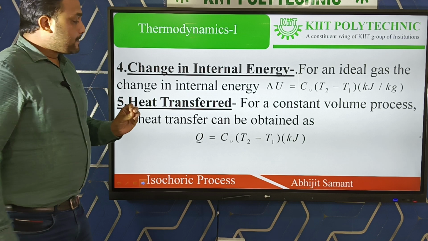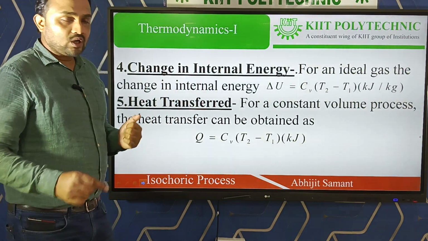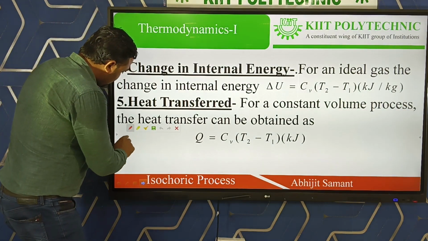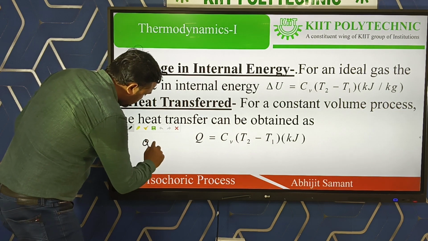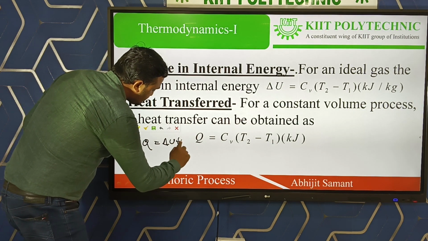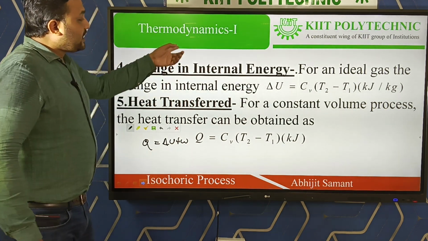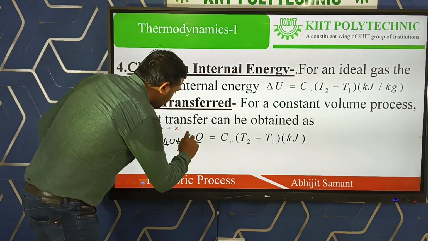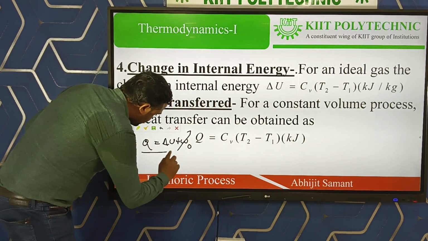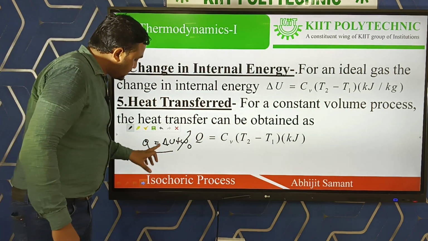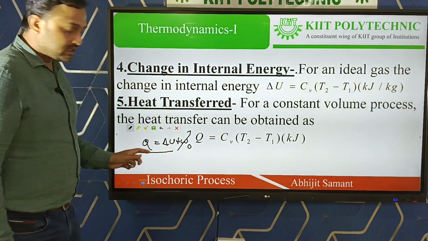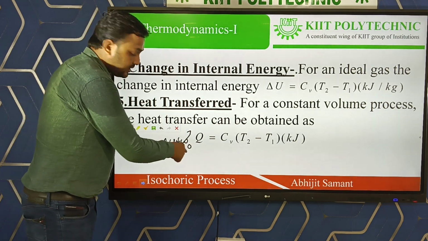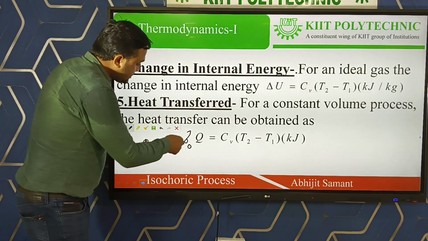From the first law, the amount of heat supplied to a system is equal to the change in internal energy plus work done, meaning Q equals delta U plus W. In an isochoric process, the work done is zero, so W is equal to 0, and Q equals delta U. This relationship comes from the first law of thermodynamics.